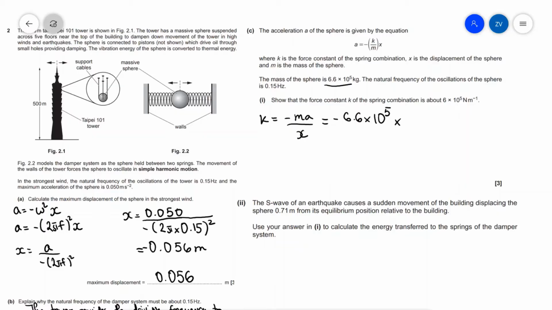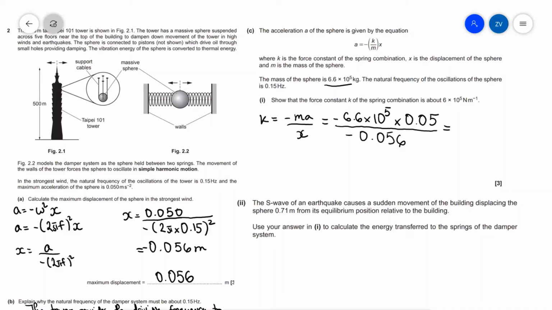Our maximum acceleration was given in the previous part of the question as 0.05, so we're going to multiply this by 0.05 meters per second squared, and the value for our maximum displacement is minus 0.056, as we previously found.